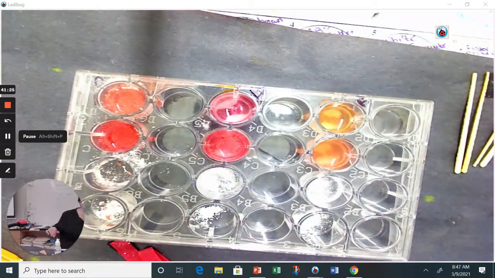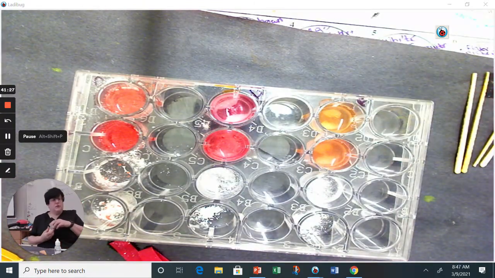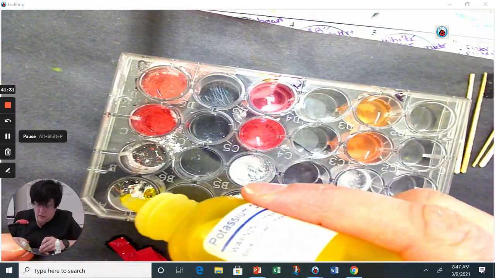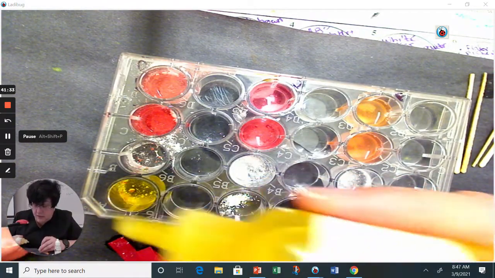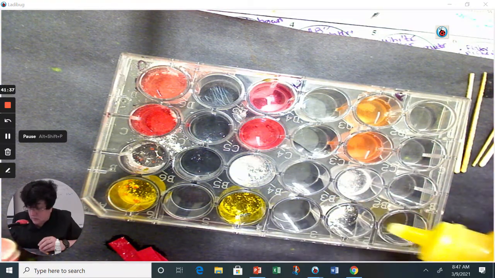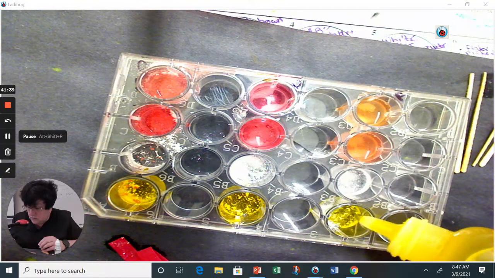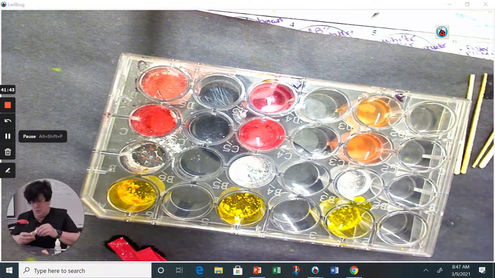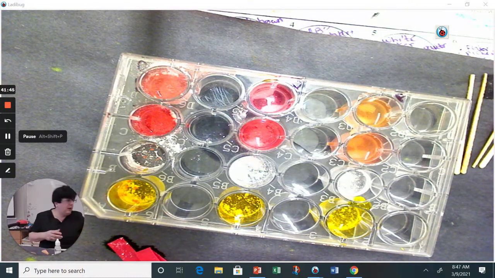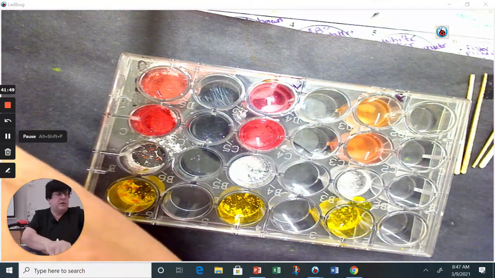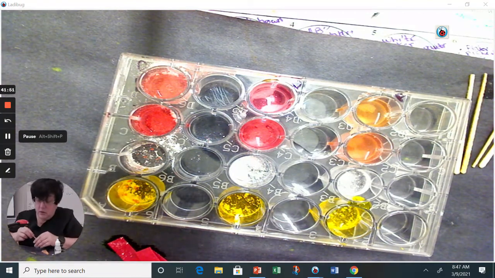I'll go back and test those pHs again, because over time the pH might change if anything gets neutralized. That one stays yellow. Okay, they should be reacting, and they're not. Sure, I love it when science doesn't always work out the way you think it will.